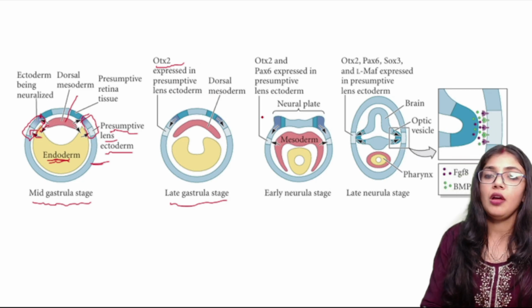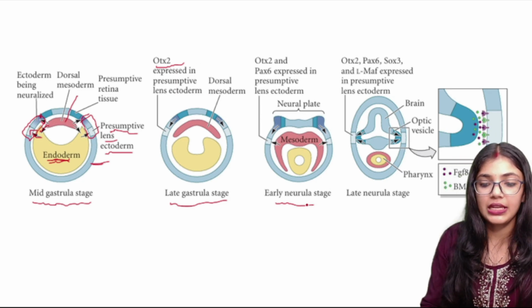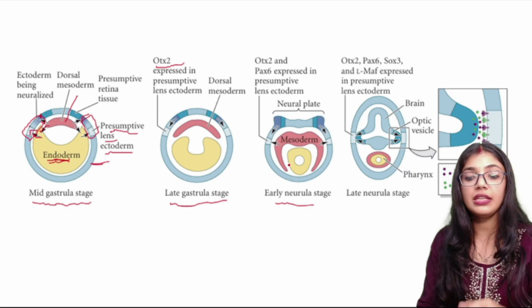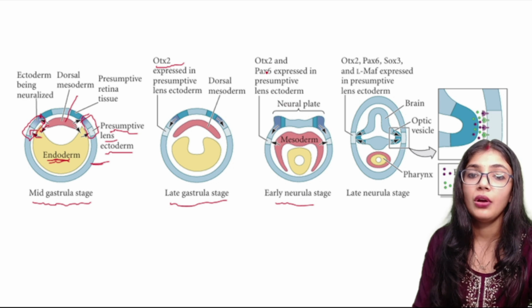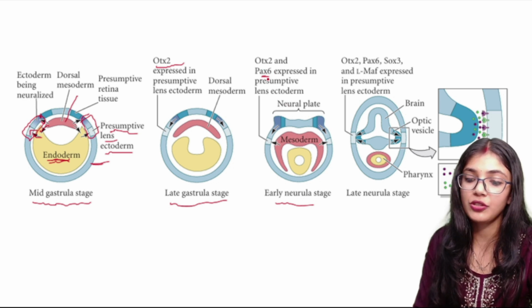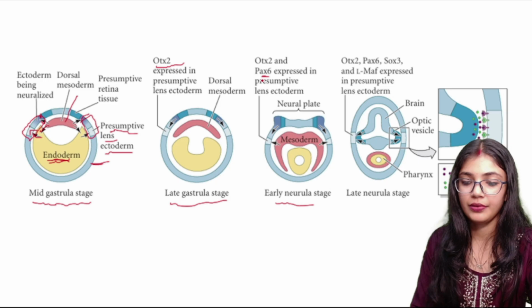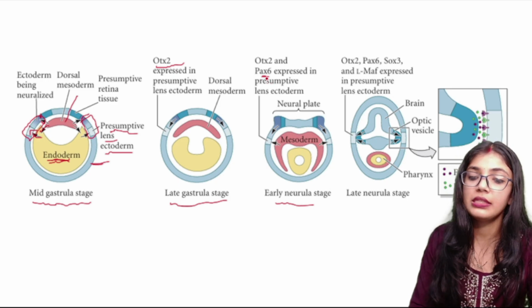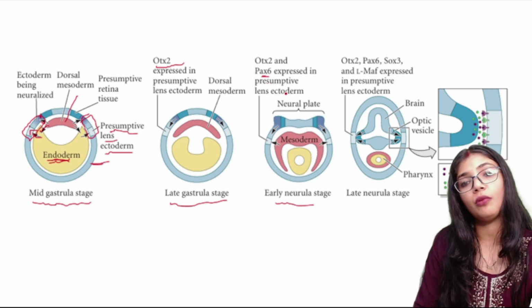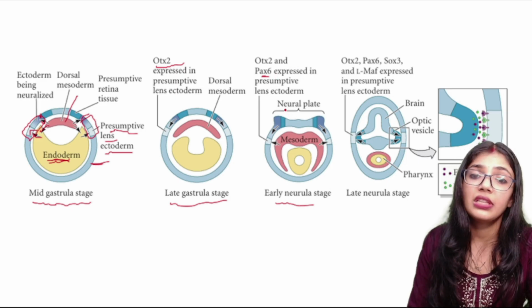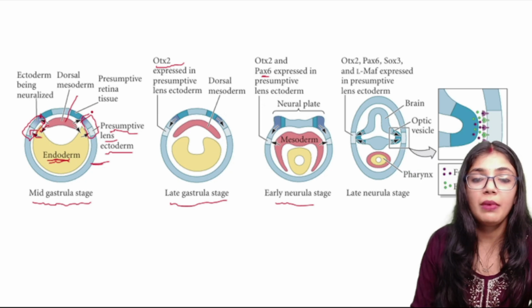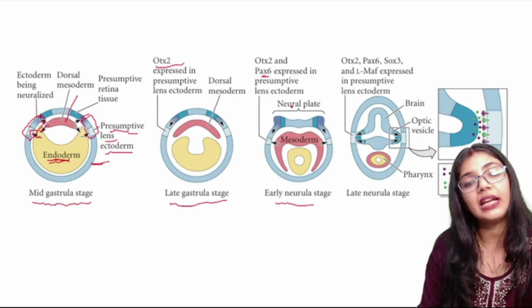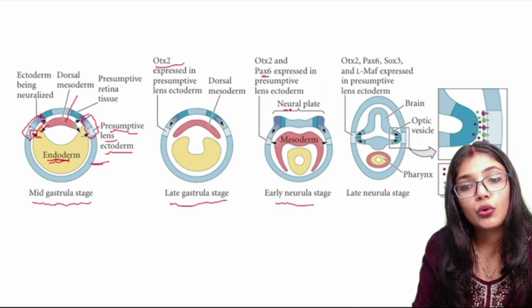Next comes the early neurulation stage. After this, there is formation of PAX6. PAX6 is expressed. How is this PAX6 formed? The first signal is given by the endoderm and the mesoderm to the ectoderm. The second signal will be given by the neural plate.